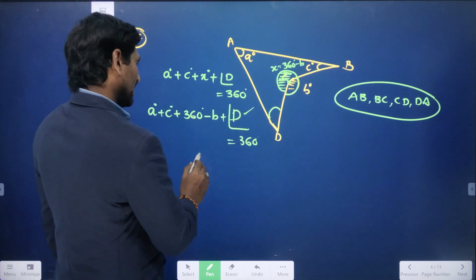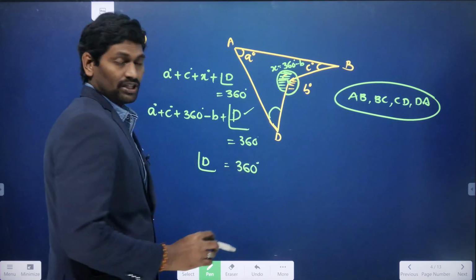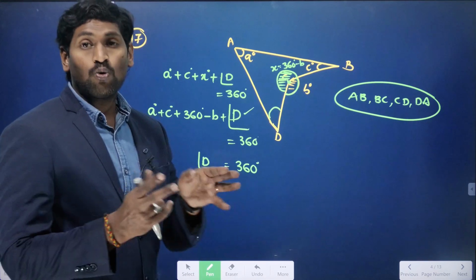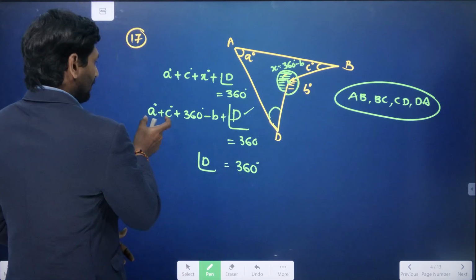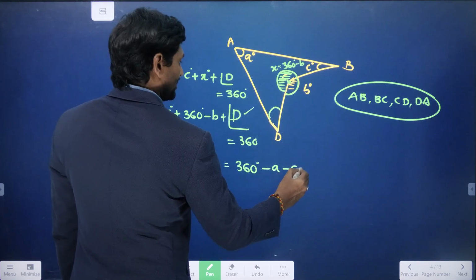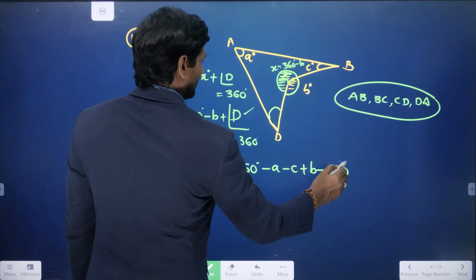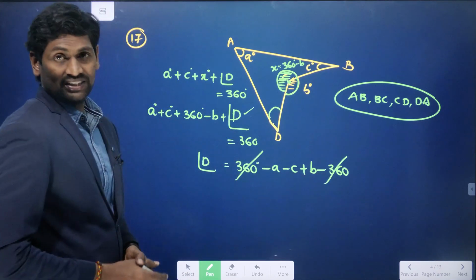Okay? Now angle D equals, on the right side we already have 360 degrees because of the angle sum property of a quadrilateral. A plus C minus B, transpose that side: minus A minus C plus B, and plus 360 transposed becomes minus 360 degrees. So minus 360 plus 360 cancel.